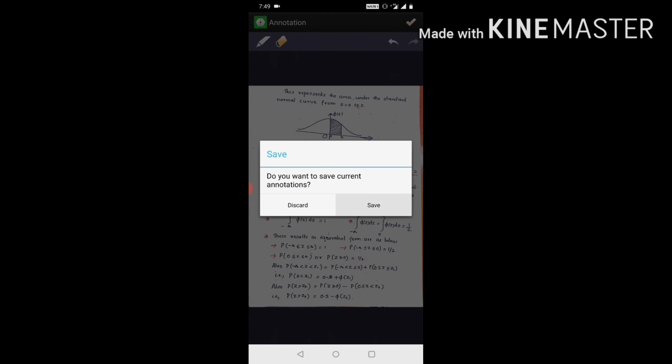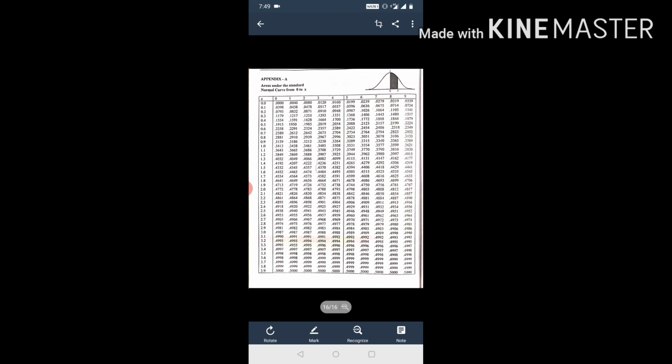We use these to solve the examples, and the standard table is given. While solving problems on normal distribution, we have to keep this table and write the respective values from the table.